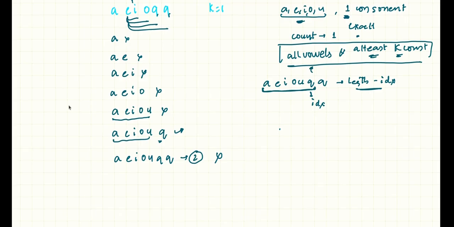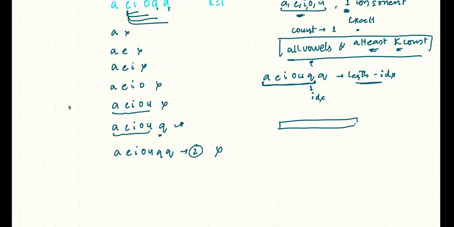If I have the number of substrings which have at least k consonants, and I know the number of substrings which can be formed with at least k plus 1 consonants, then to know exactly k consonants, I can subtract the answer for at least k plus 1 consonants from the answer for at least k consonants.